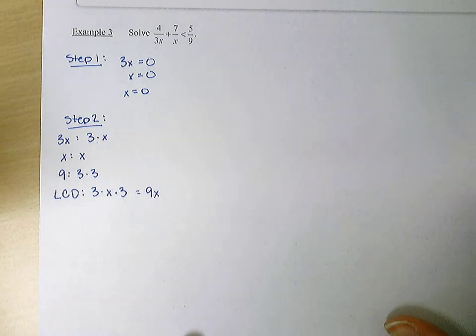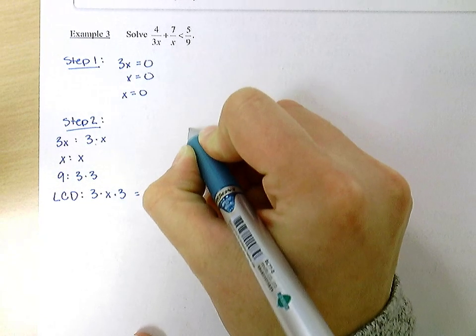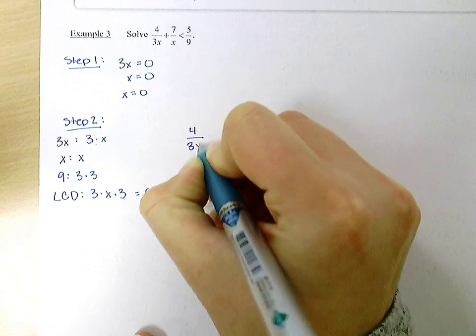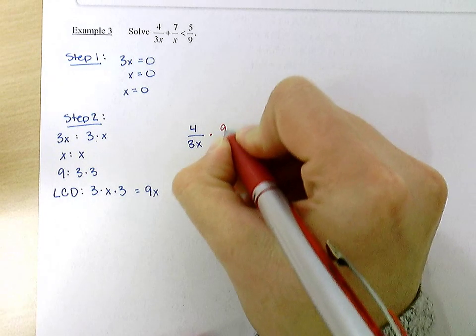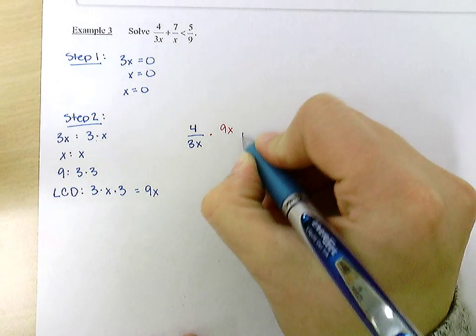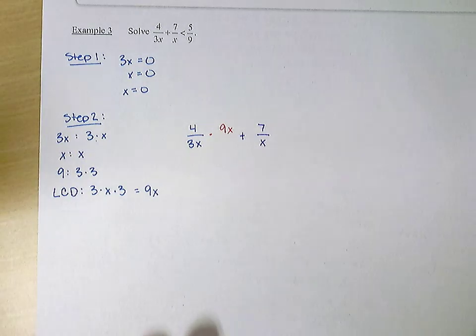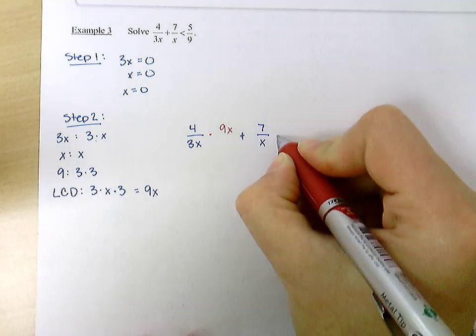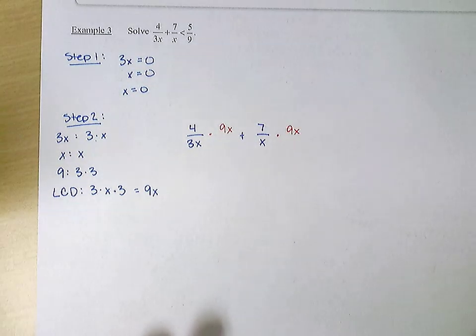Within step 2 here, I would have 4 over 3x, multiplied by your least common denominator, 9x. Plus our second fraction is 7 over x, multiplied by your least common denominator, which is 9x.